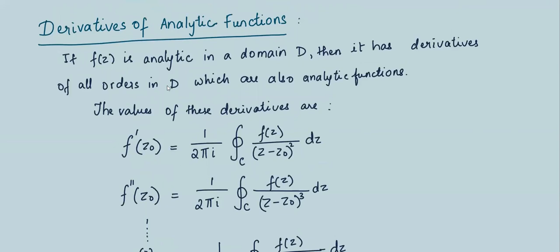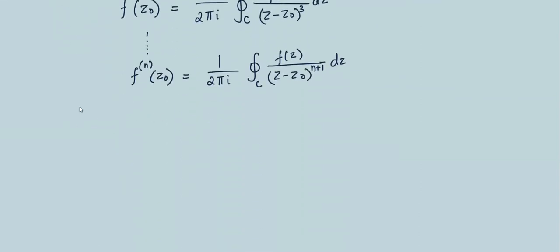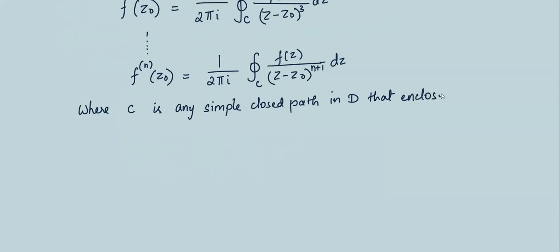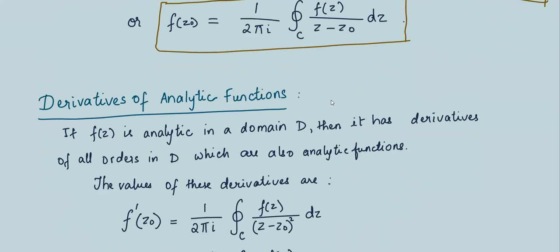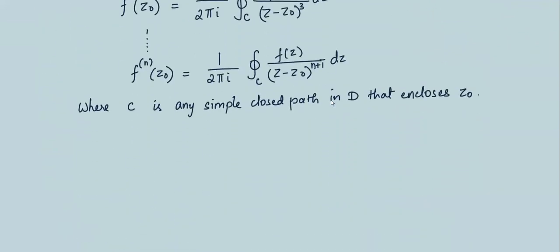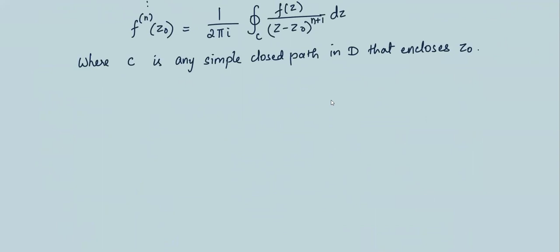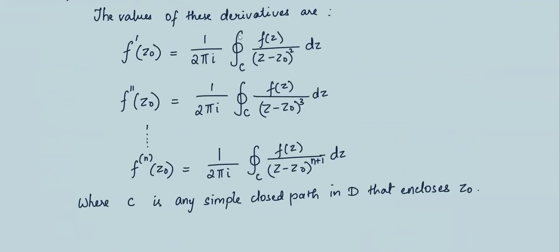So these are the derivatives where, importantly, C is any simple closed path in D that encloses z naught. Okay. So these formulas are important.